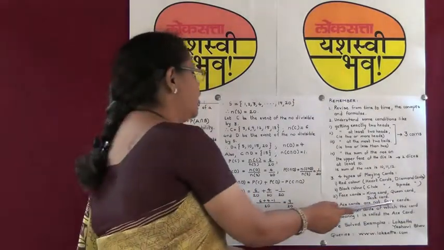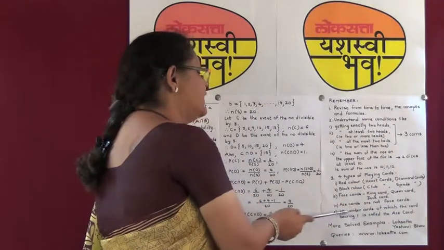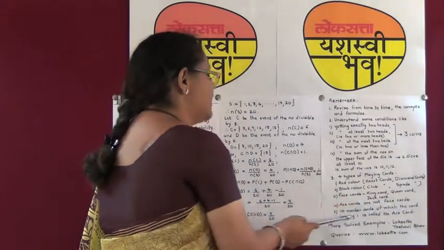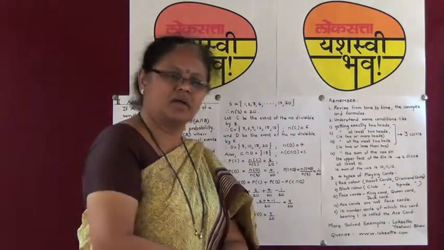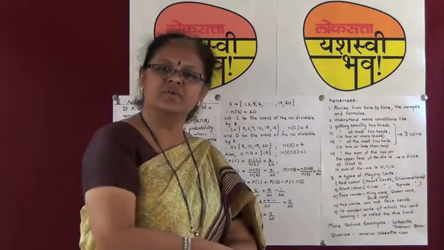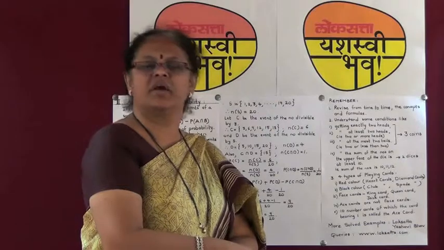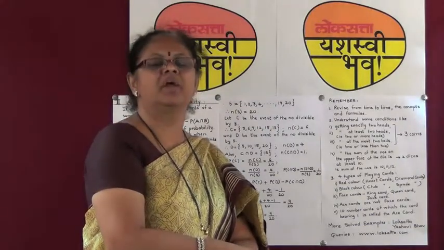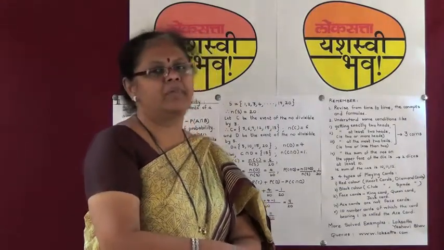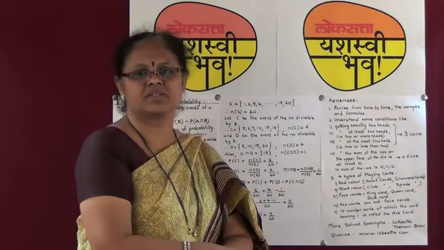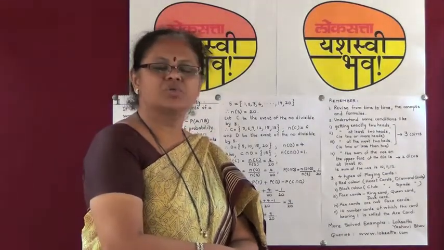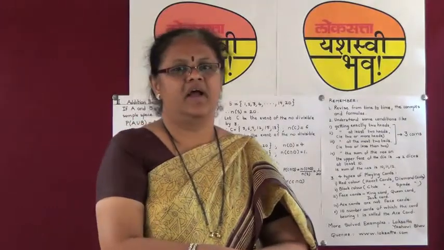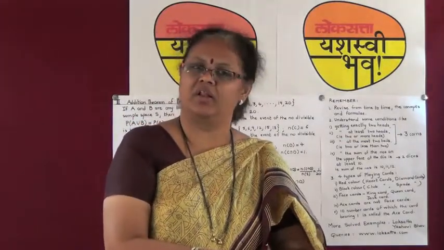Ace cards are not the face cards, and 10 number cards, of which the card bearing 1 is called the ace card. Why have I given you this information? Just because there are some sums in probability which are based on a pack of well shuffled cards. So students, revise the lesson properly, score your marks easily, and do the chapter well.